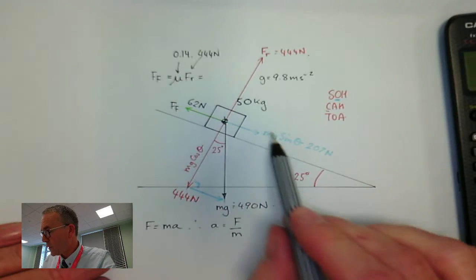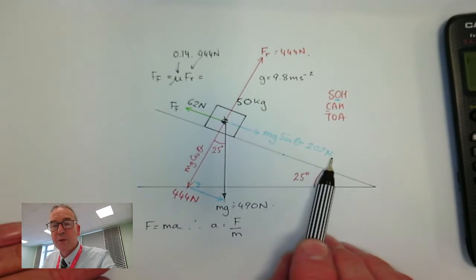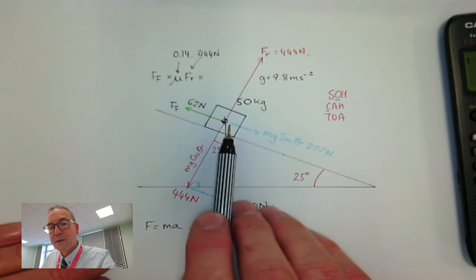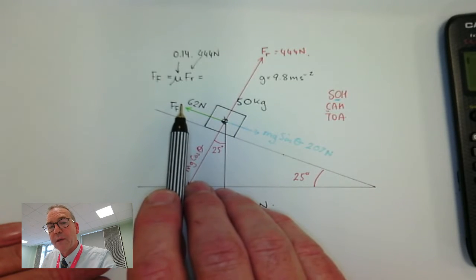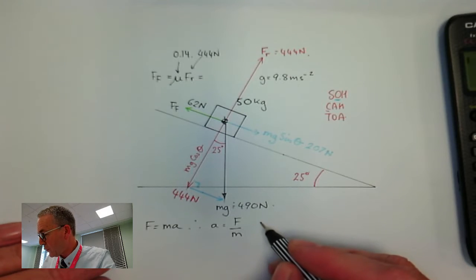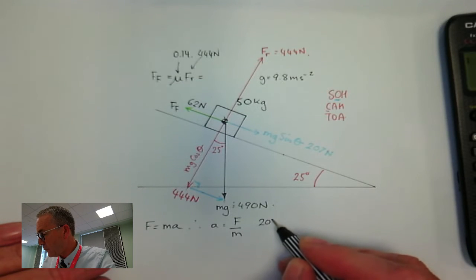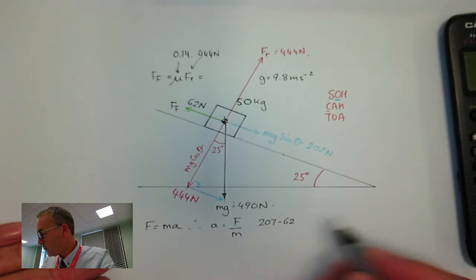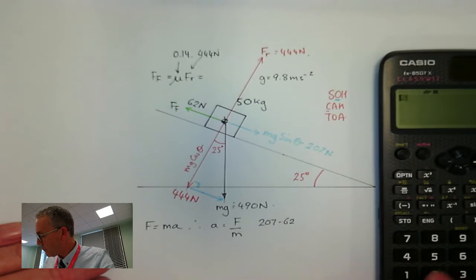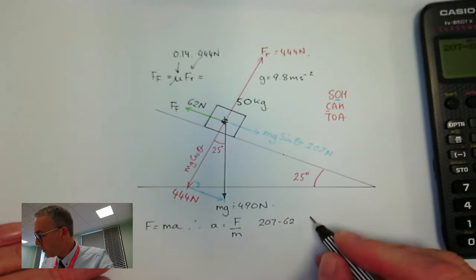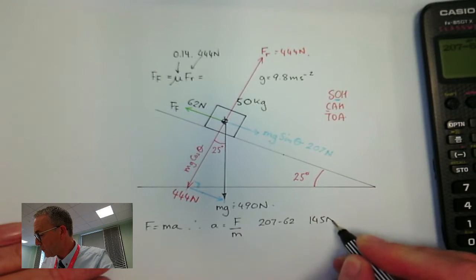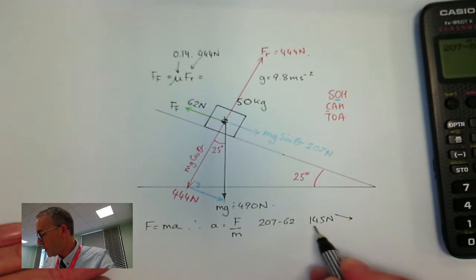Now the force, well, we've got 207 newtons acting in this direction and 62 newtons holding it back in that direction. So the resulting force will be 207 minus 62. So let's check that. 207 minus 62. What is left is 145 newtons in that downward direction.